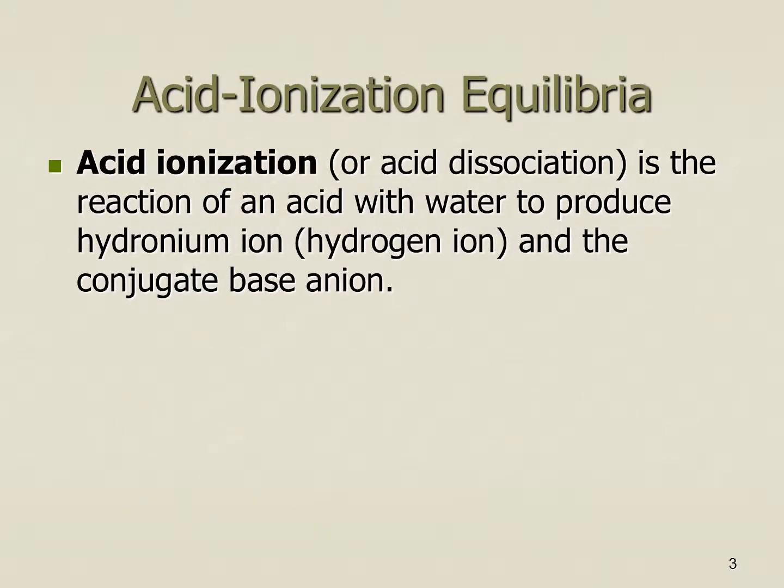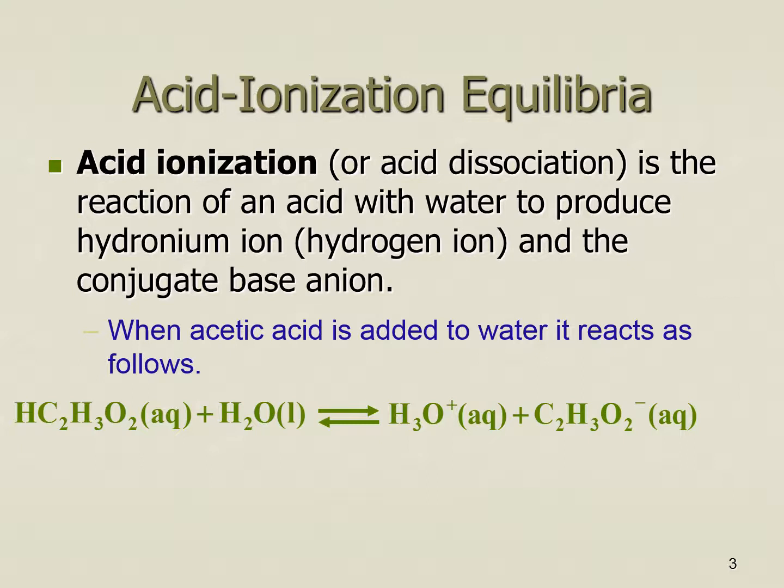So let's first look at acid ionization or acid dissociation. It's the reaction of an acid when it's put into water. So this is something you're going to have to be able to do, is write these acid ionization equations out. So for example, acetic acid, when it's added into water, you get the following equilibrium set up.